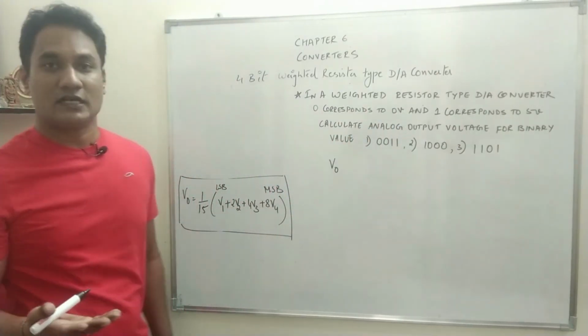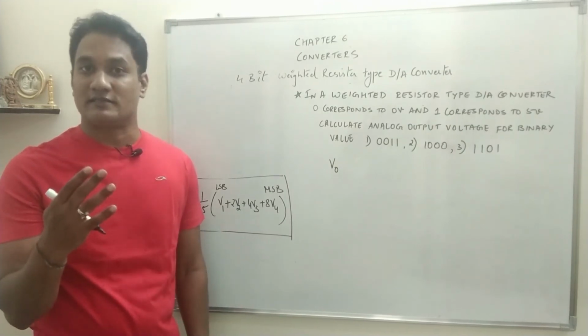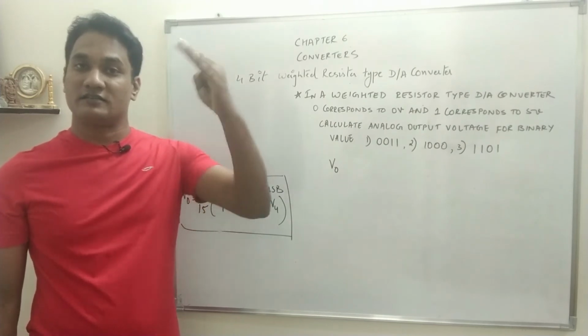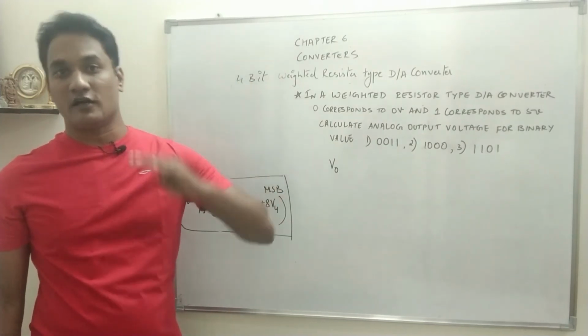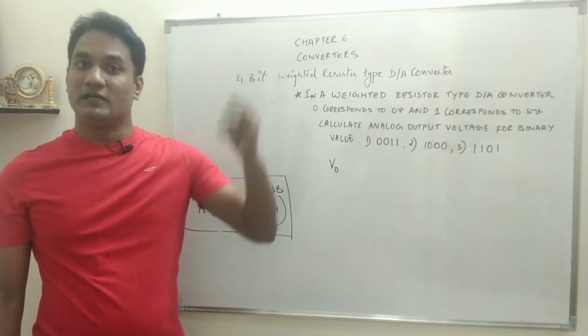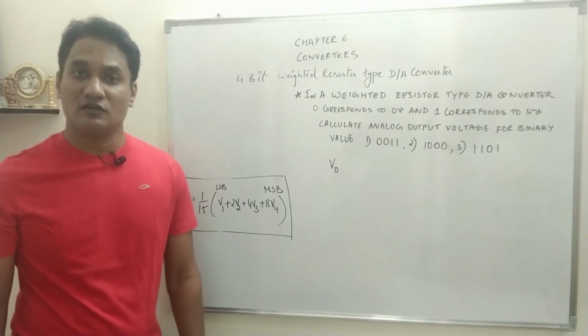That means the digital value which we are going to give as input will have only two levels, as I told you in the previous video, where discrete levels are there, plus 5 volt or minus 5 volt. Only two values will be there. So any positive value will be considered as 1 and any negative value will be considered as 0.